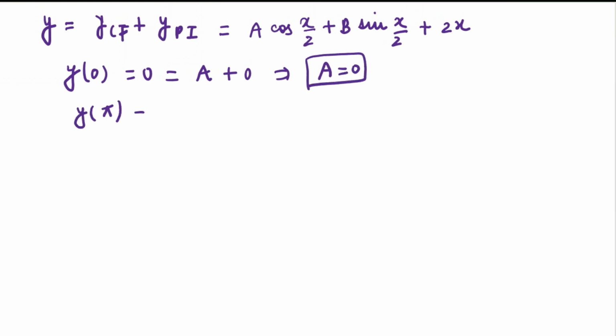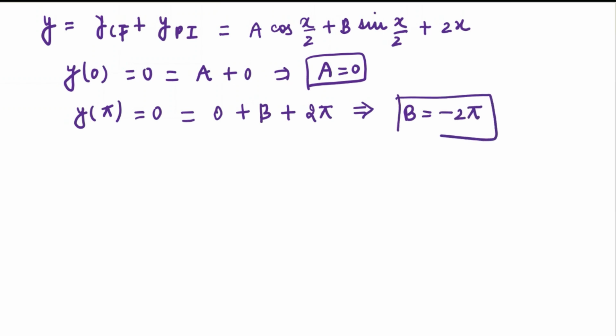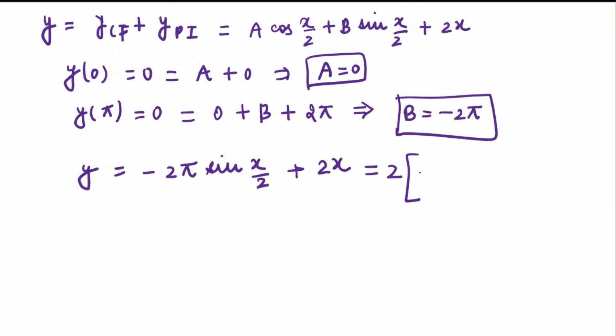And y at pi is equals to 0, so 0 plus b plus 2 pi, which gives us b is equals to minus 2 pi. So the solution is y is equals to minus 2 pi sin x by 2 plus 2x, that is 2 bracket x minus pi sin x by 2.